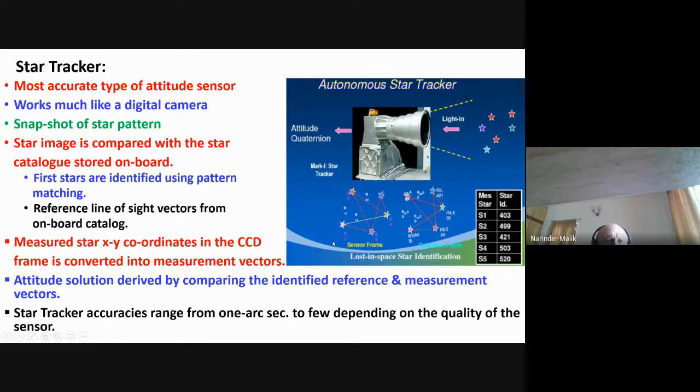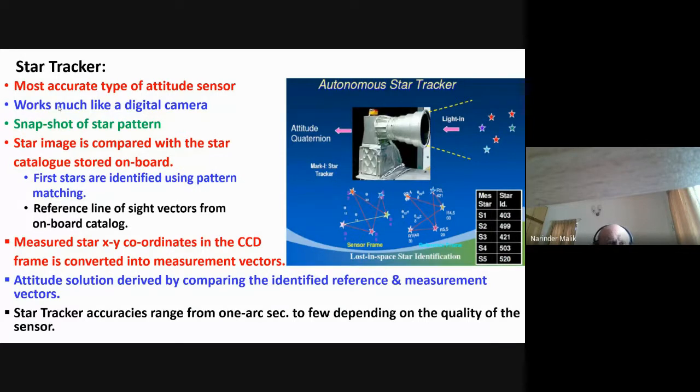Okay, the star tracker is the most accurate type of attitude sensor. It works like a digital camera. It takes a snapshot, and depending on the field of view of the camera, a number of stars will appear in the star sensor field of view. Now, there is a catalog of stars stored in the onboard processor of the star sensor.